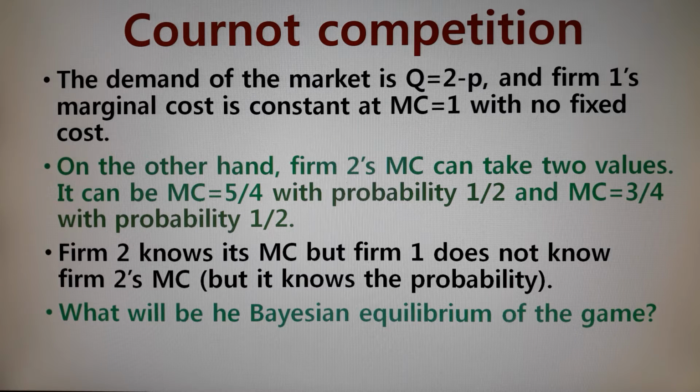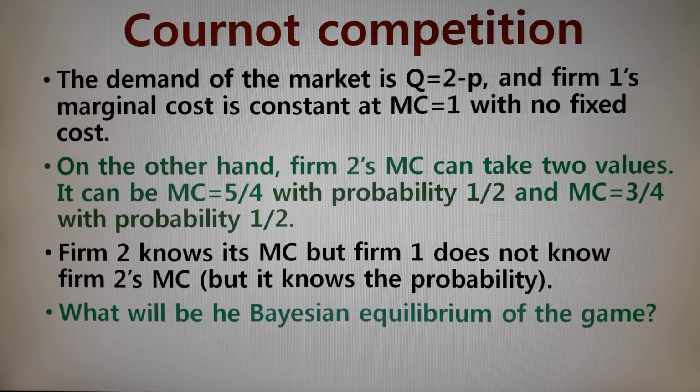Anyway, a little bit more complicated Bayesian Nash equilibrium. That is a modification of Cournot competition. Once again, do you remember Cournot competition? Cournot competition is where duopoly or oligopoly companies compete with each other. They are producing the same thing in the same market.